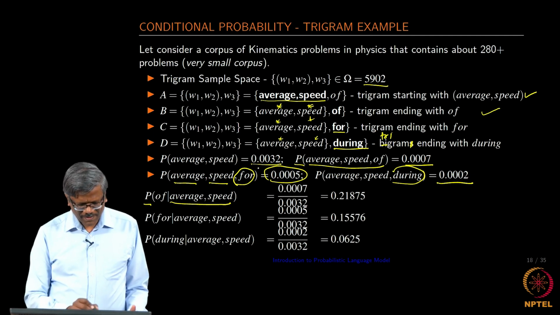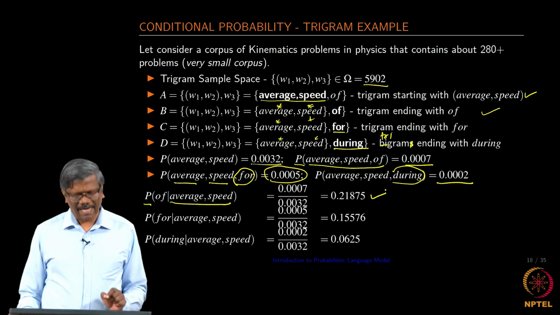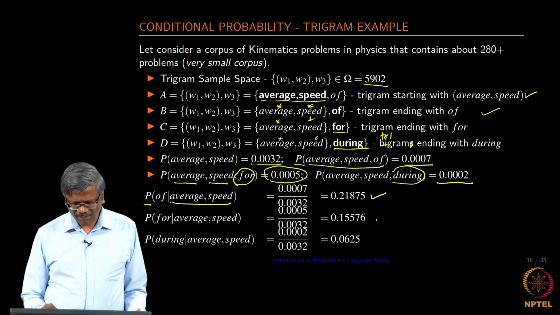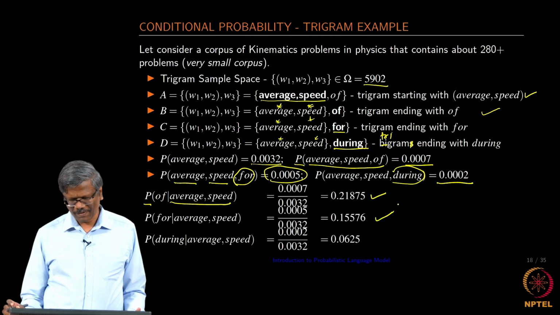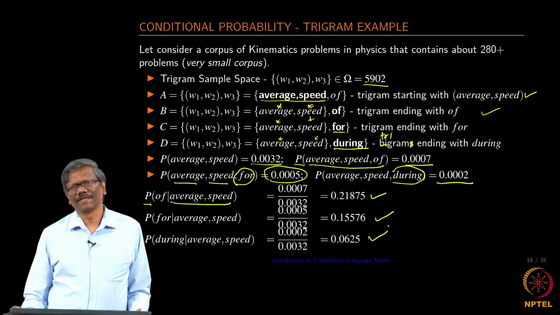So, if you use the formula for the conditional probability, we are getting the probability of the word of occurring after average and speed is 0.21875, and for the word for it is 0.15576, and for the during this is the.